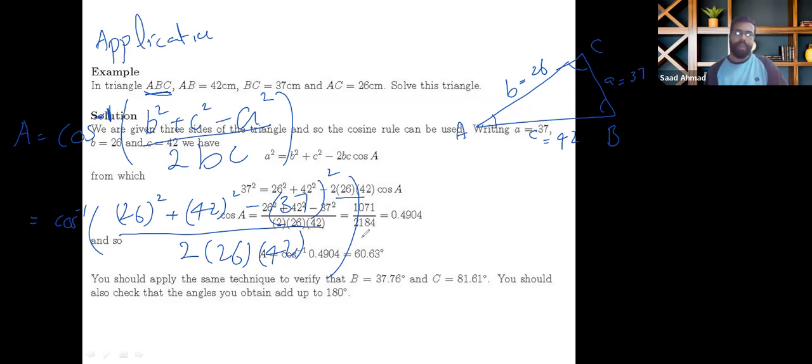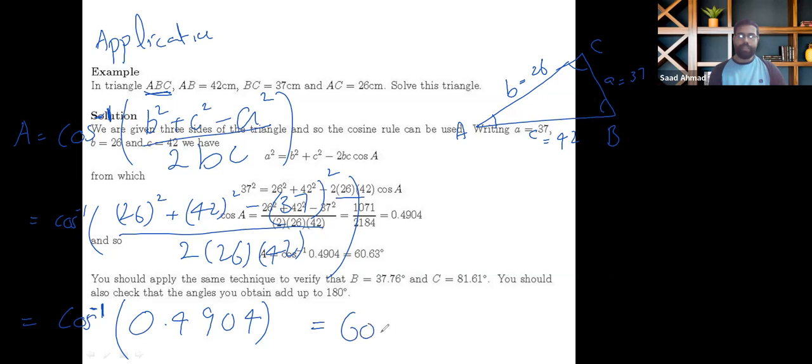When you do it using the calculator, you solve this whole inner part and you will get 0.4904. When your calculator is in degrees setting, and you do cos inverse of this, you will get 60.63.